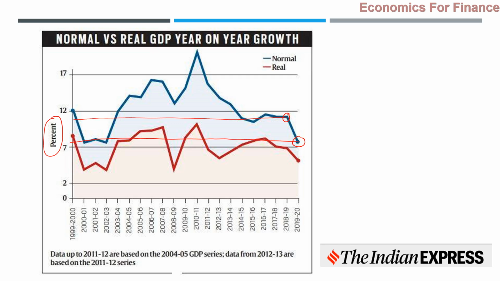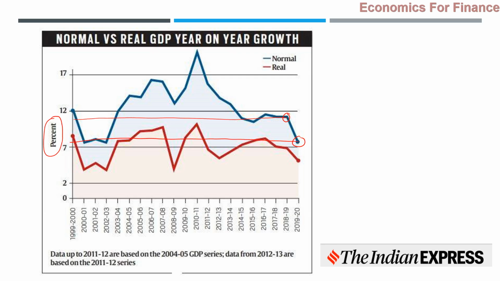A lot of times I observe even some of the so-called TV panel discussion participants keep on talking about GDP reduced, GDP reduced. GDP has not reduced. GDP has increased. So far in all these years presented here, GDP never reduced.